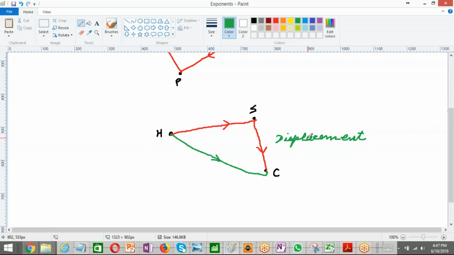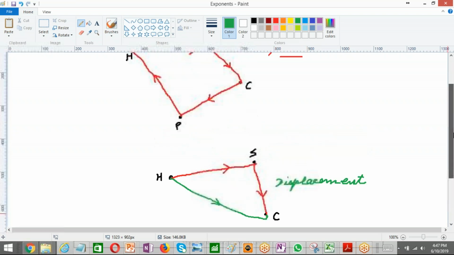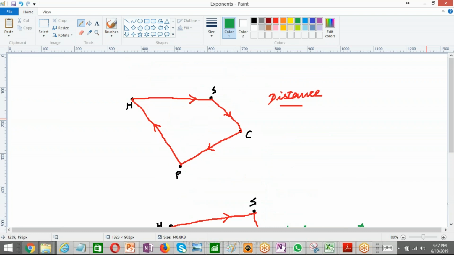Now, let's head to the previous example. You started your journey from home, you come to your school, after that to the cafe, then to the playground, and then at night you come back to your home. So now your home is your initial position as well as your final position.